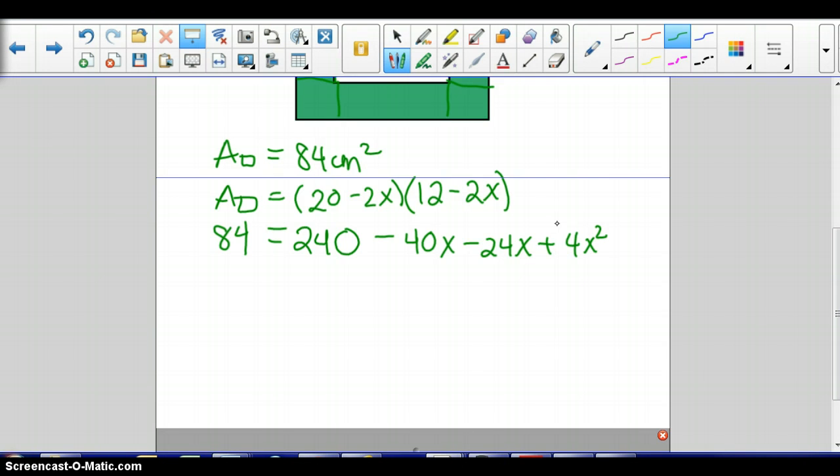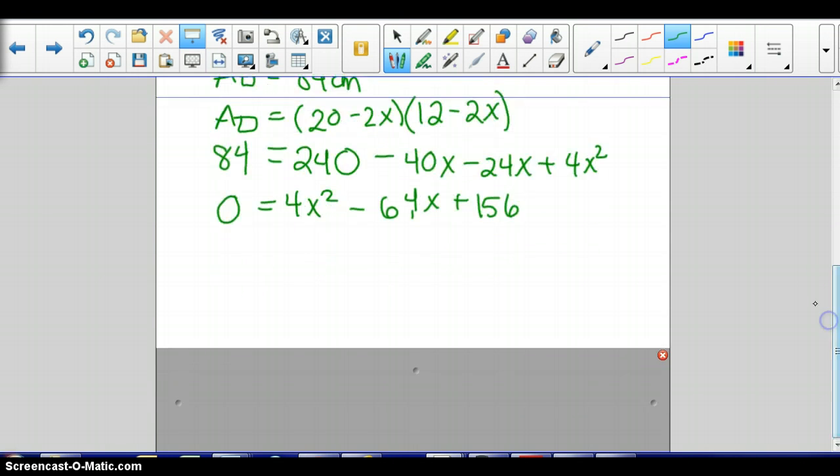So next thing I'm going to do is move this constant term over to the right hand side and set this equal to 0. So here I'm going to have 4x squared, and I'm going to combine these like terms. So I have a negative 64x, and when I subtract both sides by 84, I get plus 156.